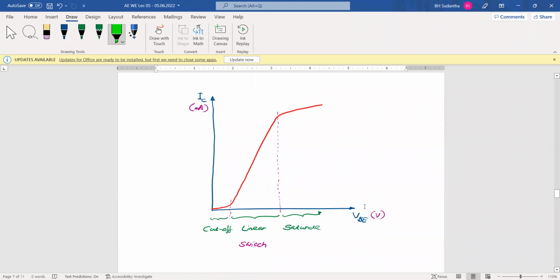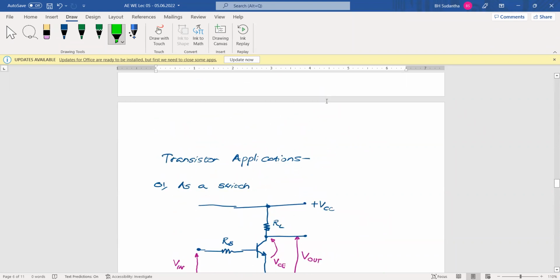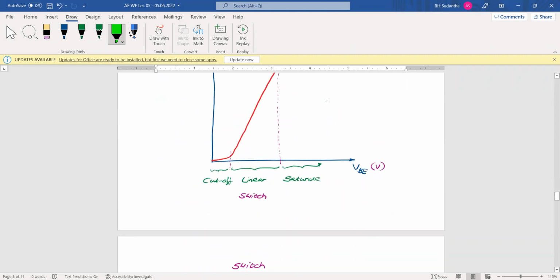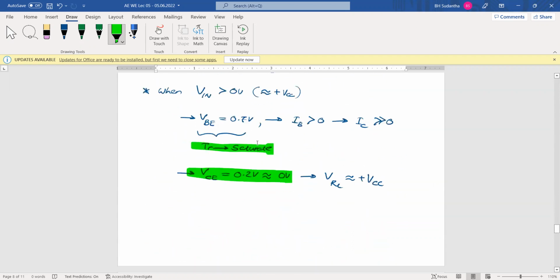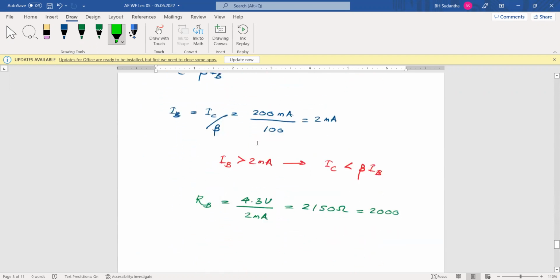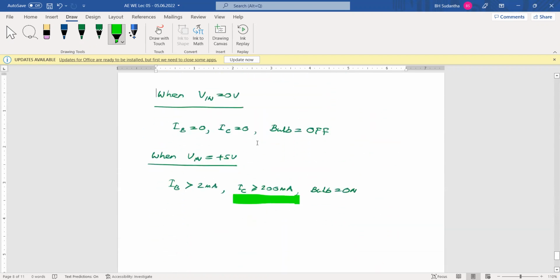You can increase VB much more, but IC is not increasing relatively to that one. And same for IB, IC also. Here, after coming into the saturate mode, the IC is not increasing much more. Okay, then therefore we can say IC is more closely, it's around 200 milliampere.